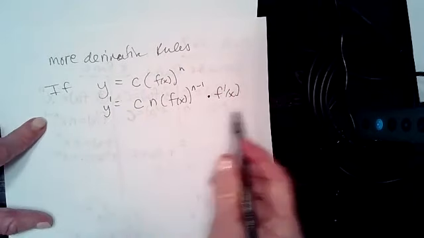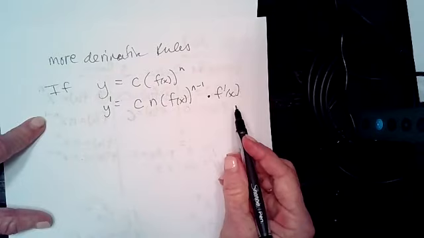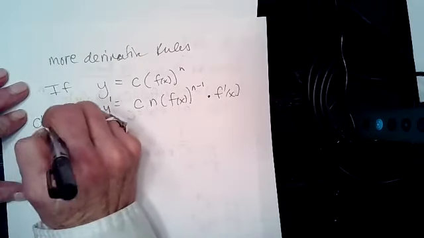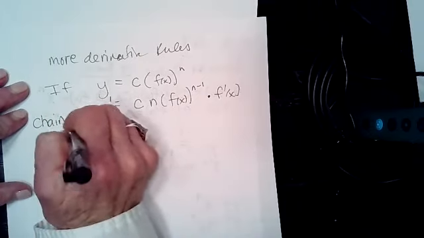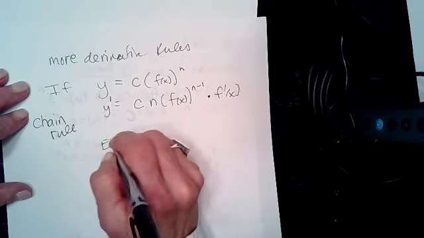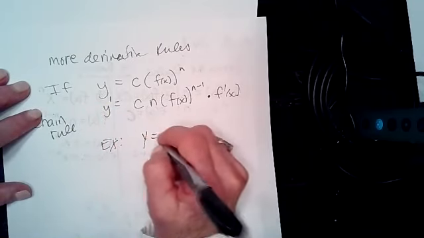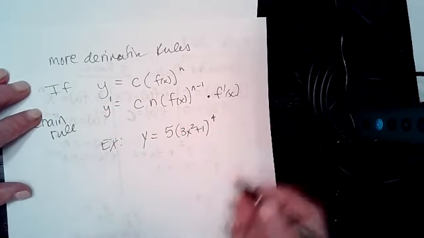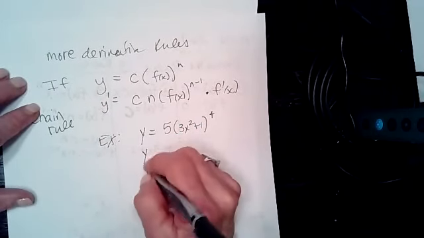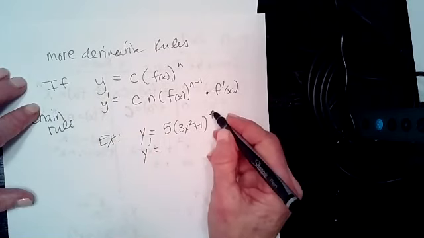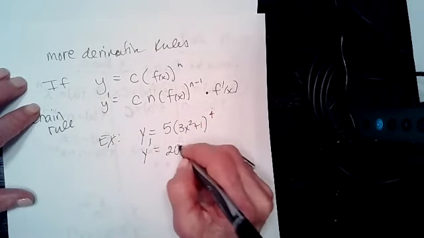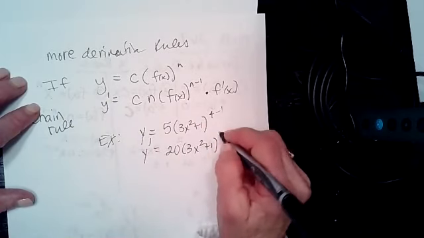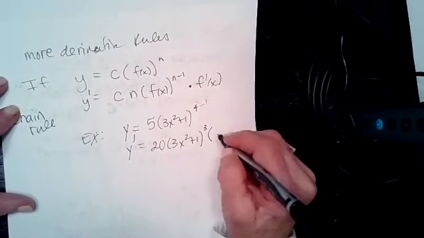We talked a little bit about this on test 1 because substitution is undoing this rule, which is the chain rule. So a real life example of that would be if y is 5 times 3x squared plus 1 to the 4th power. So y prime, if we have a quantity to a power, we multiply down times the inside minus 1 times the derivative of the inside.